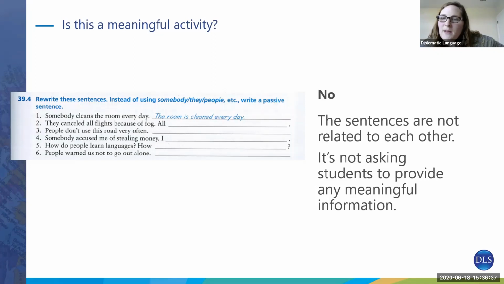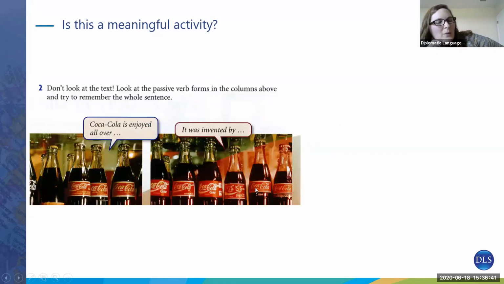Okay, and then how about this one? Is this one meaningful or mechanical? What is this, a meaningful activity?